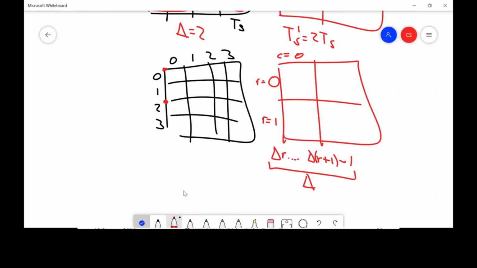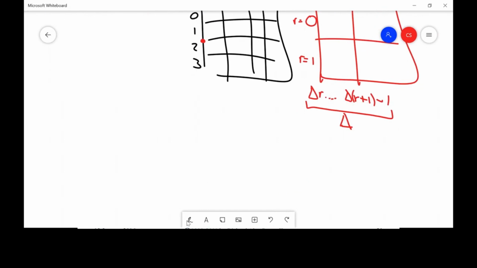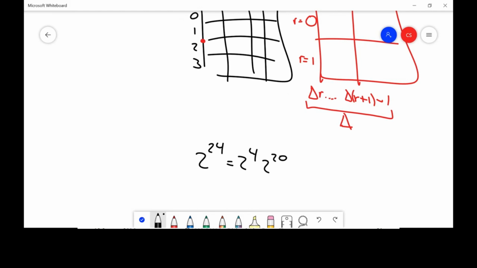You're engineers. You have to be very familiar with powers of 2. So, for instance, 2 to the 24 is the same as 2 to the 4 times 2 to the 20, and this is 16. This is approximately 1 million. It is not exactly 1 million, but it goes to 1 million, more or less.